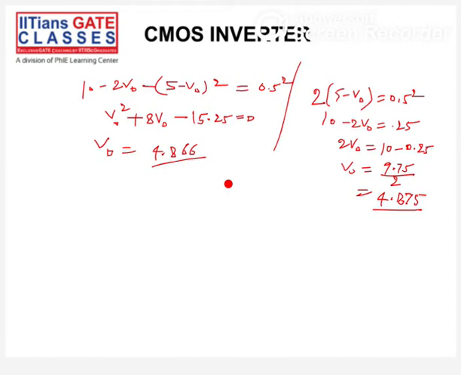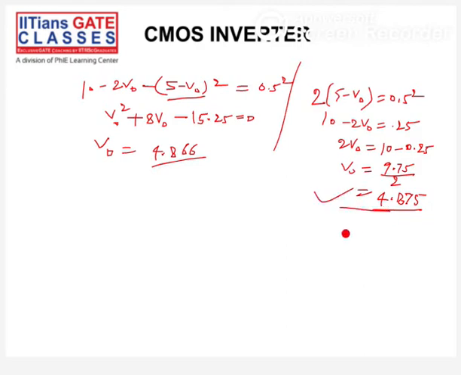So it is a very small or little difference. But in the question, sometimes they will ask you to write the answer up to 3 decimal points. If they are asking like this, then you have to take this term into consideration. If they are not asking like that, you can take directly this answer.